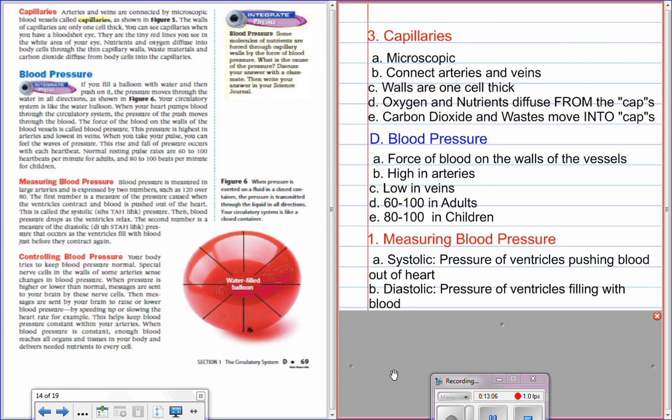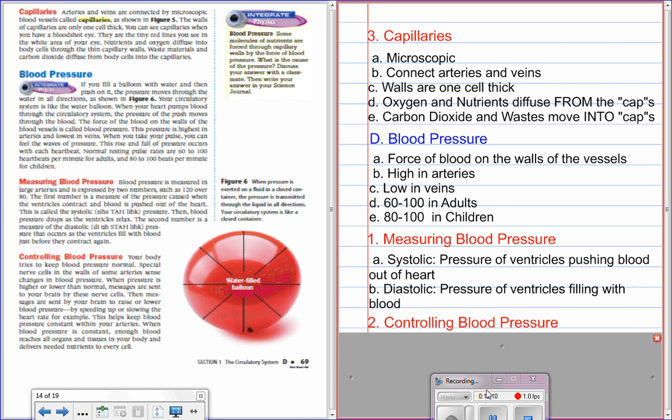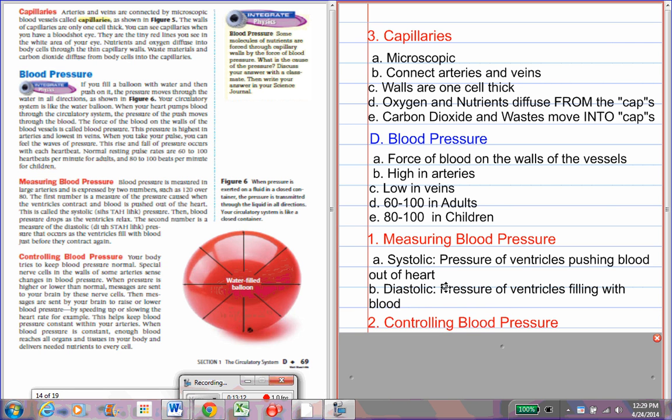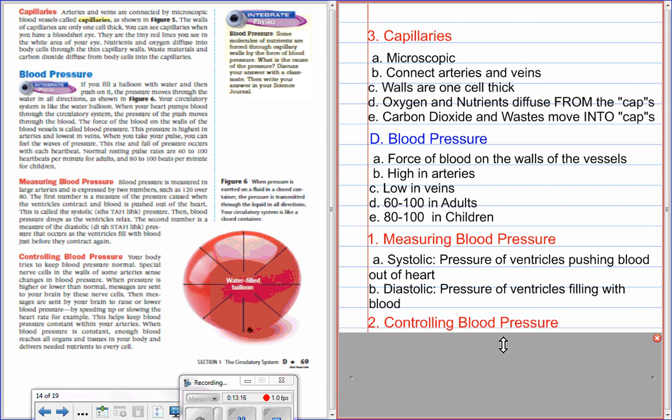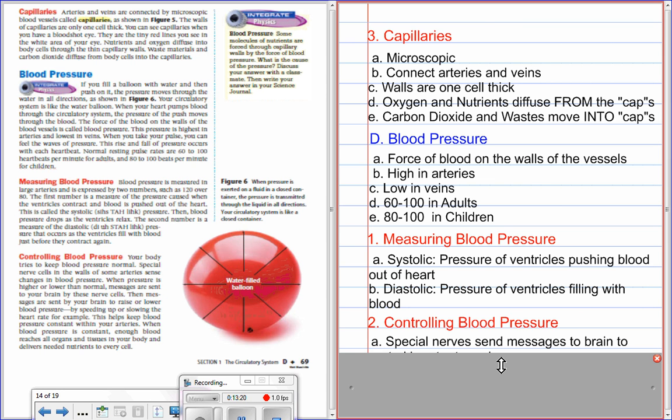That's silly. All right, so controlling blood pressure. How is it controlled? Okay, it's controlled by the brain sending messages to the nerve cells. Special nerves send messages to the brain to control the heart rate and pressure. That's really all it is. So you don't want the pressure to be too high or too low. And the brain and nerves control those.